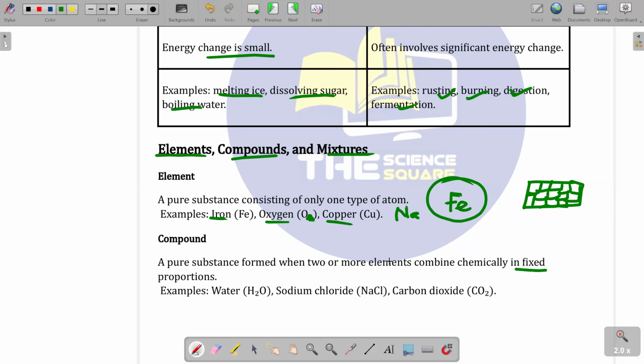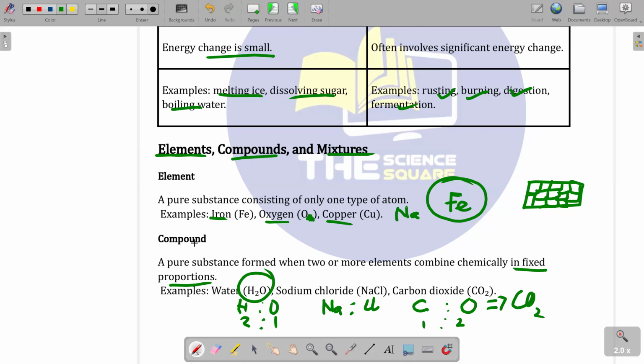Sodium combines with chlorine in the ratio 1:1 to form sodium chloride. Carbon combines with oxygen in the ratio 1:2 to form CO2. So compounds are the chemical combination of elements in a specific ratio.